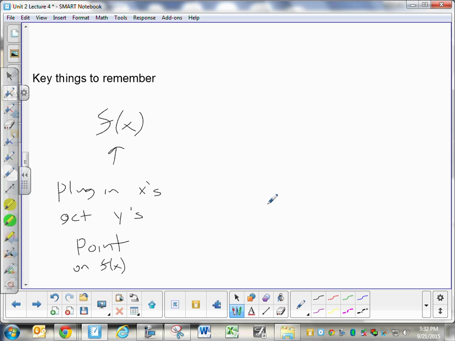However, f prime, the buddy to f, and each function will have its own unique buddy, okay? 3x squared is not going to work with 6x. I mean, 6x is not going to work with every other function. It's just with 3x squared. But this buddy you're going to plug x's into, and he's going to help you out with f. He will tell you the tangent slopes of f.